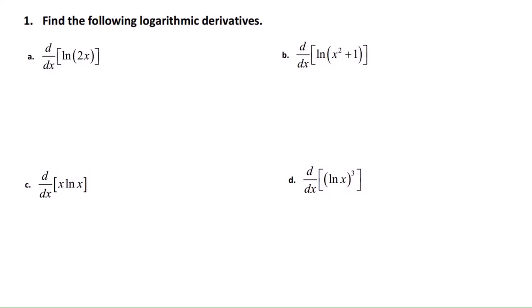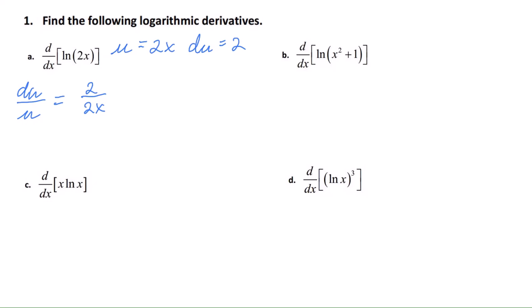Let's practice a little bit. Looking at a, I want the derivative of the natural log of 2x, not x, but 2x. So I've got to apply the chain rule. If u is 2x, then du is 2. I put it in this form. And then I go back and resubstitute what u stood for.